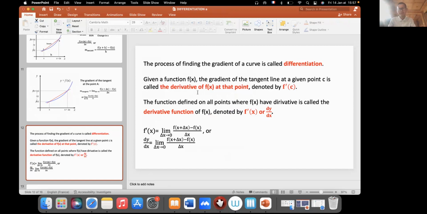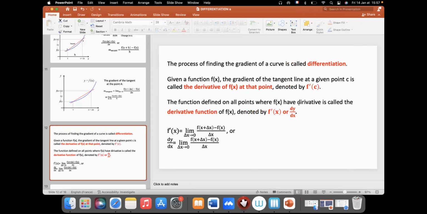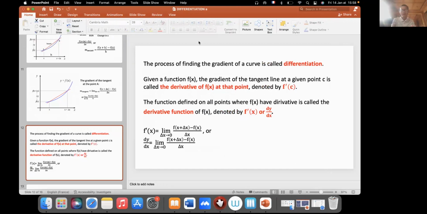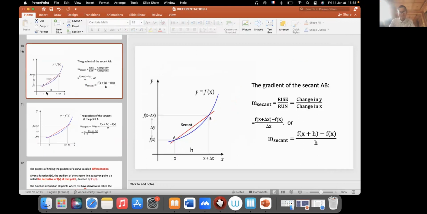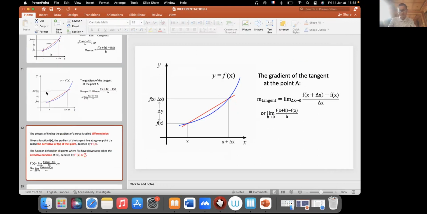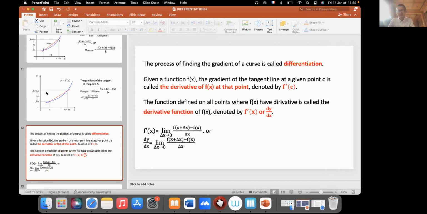Now, in general, for a function, we can do differentiation at a point on the curve and we get a derivative at that point, right? So given a point, we can assign a unique derivative at that point. So we get a function.